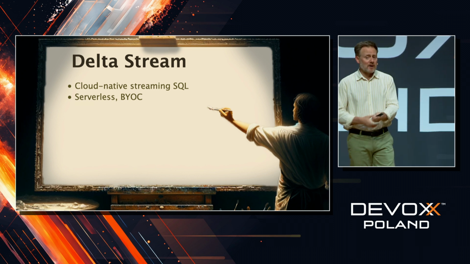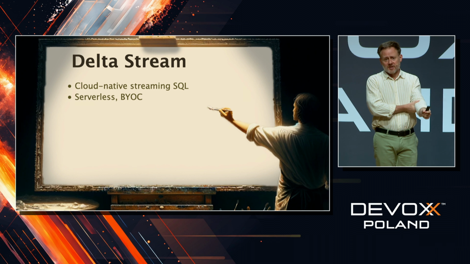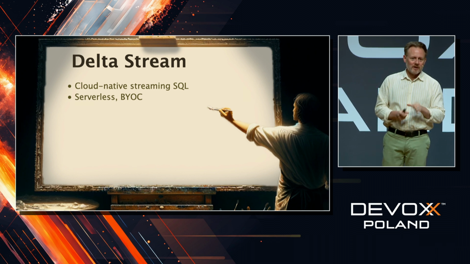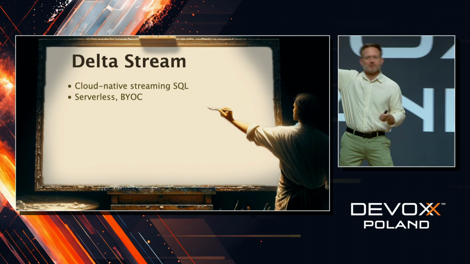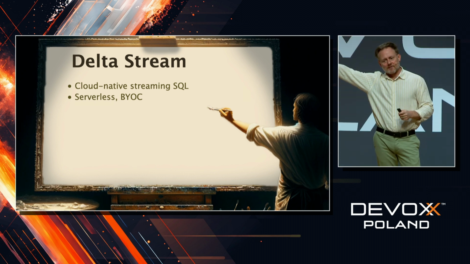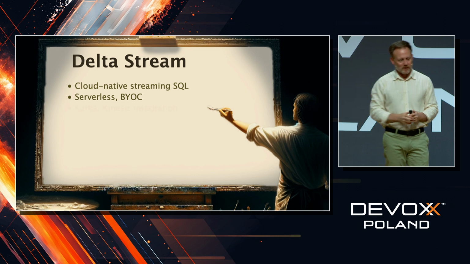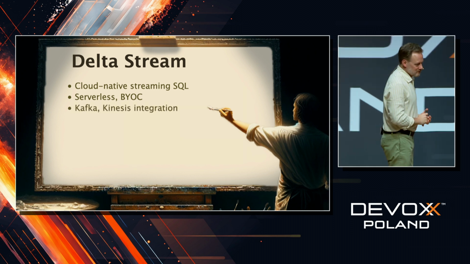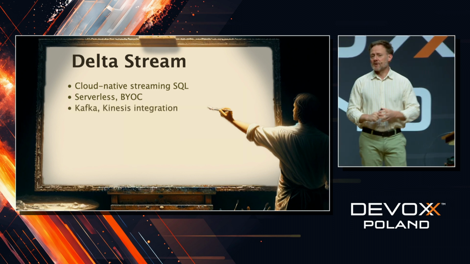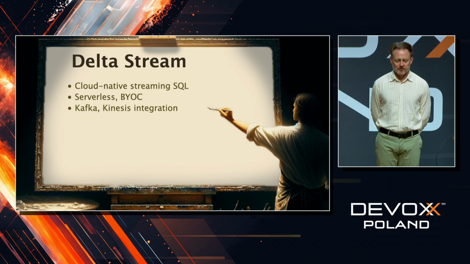Also, bring your own cloud, which is not super easy to implement, but that's basically you give them your Amazon credentials, and Delta Stream will go set up stuff in your cloud environment, and that just all gets billed to you, and then you use their control plane. So that's again, if you were going to be cloud native, you get to optimize for things like that.